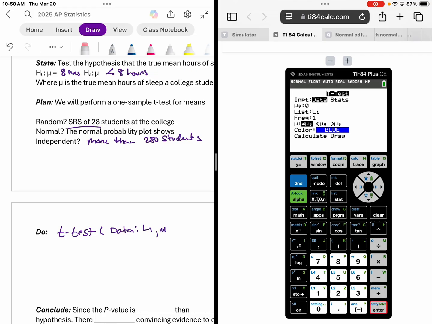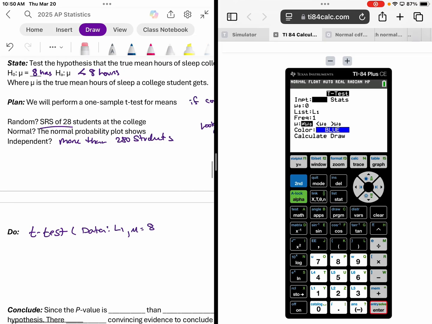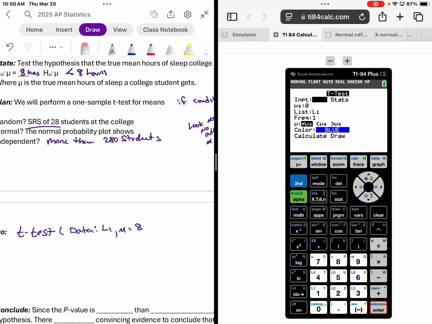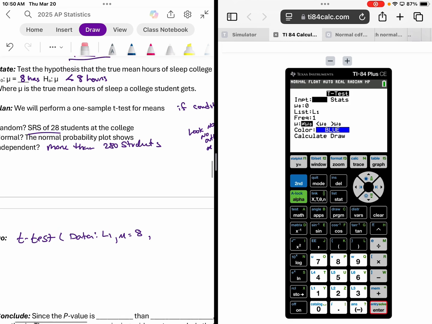My mean was 8. And then I am choosing that it is less than mu naught. So I'm trying to do less than. All right, so data, the middle graph, go down to calculate.